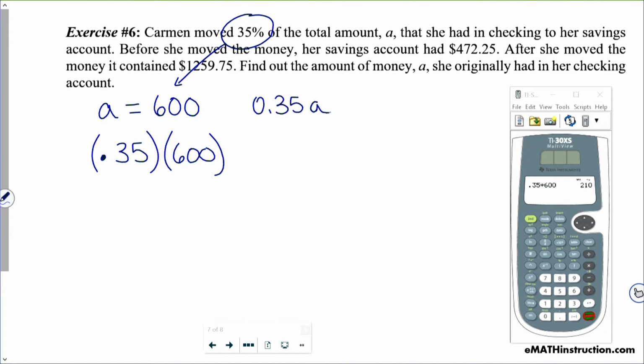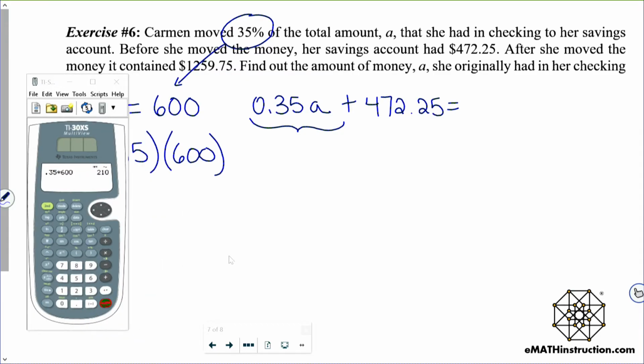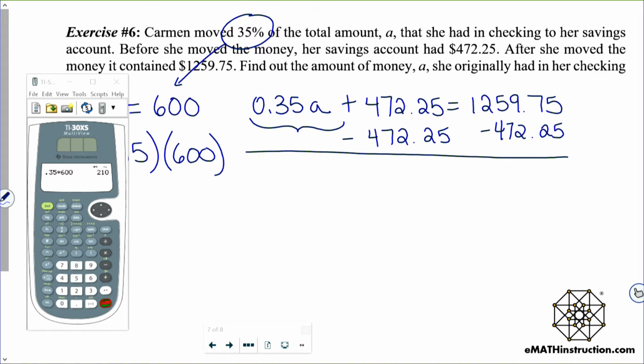0.35 times A. Right? That's the amount of money that she moved over, plus how much she had there to begin with, $472.25. All of that, bye-bye calculator, is going to be $1,259.75. So decimals everywhere. I can now solve this by subtracting the $472.25 from both sides. Those will cancel.